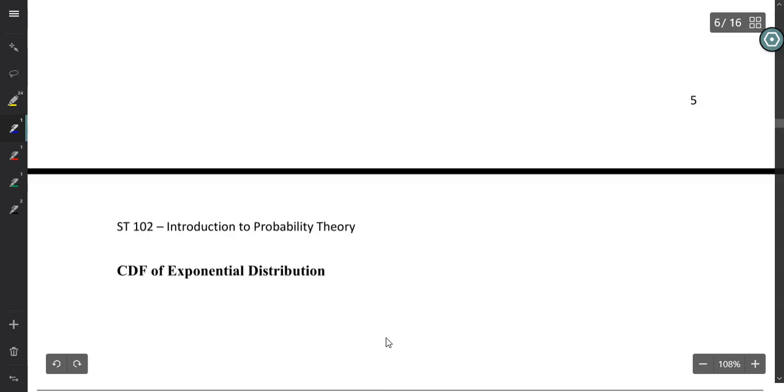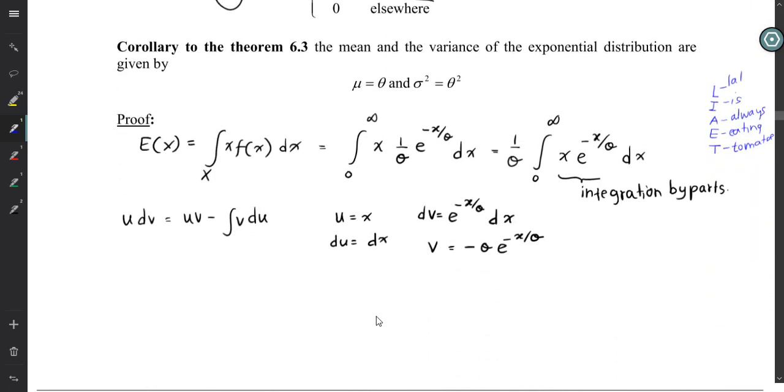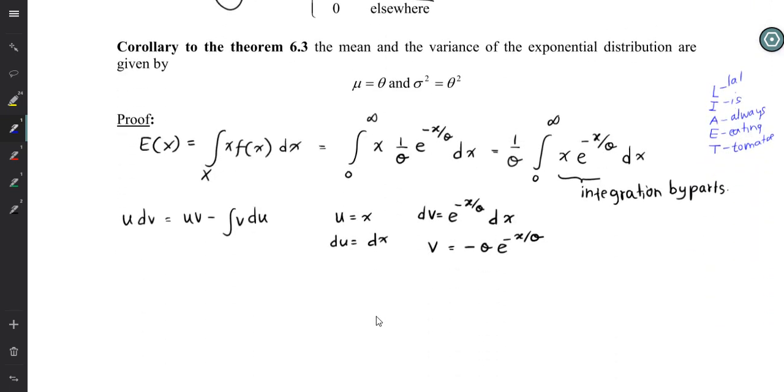Okay, this is a nice way to remember. I'll explain what this is. L is for log, I is for inverse trig, A is for algebraic, E is for exponential, and T is for trig, the trigonometric functions.